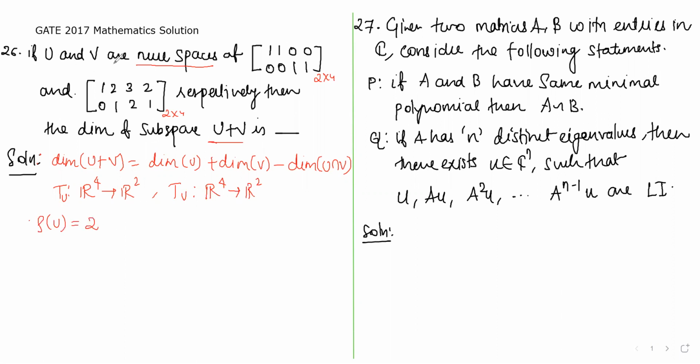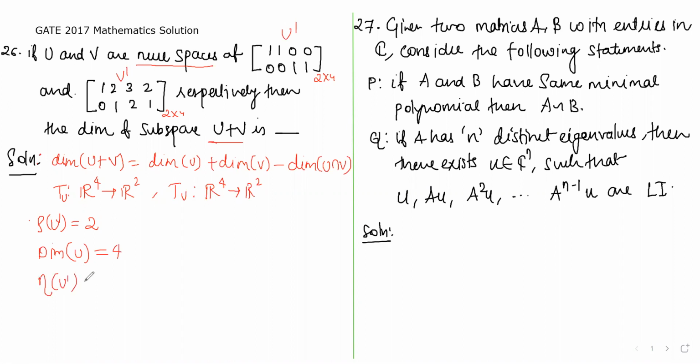Let me not write U because you might be wondering that U is a null space. Let me name this matrix U dash and this one V dash. So rank of U dash is 2. The dimension of the domain was 4, so what will be the nullity?